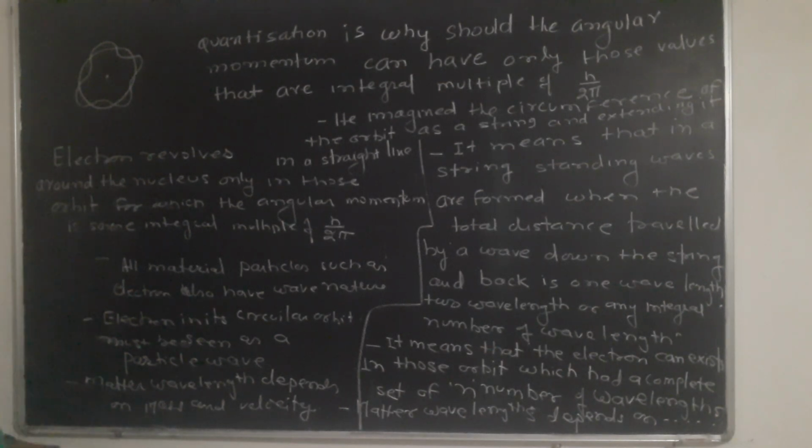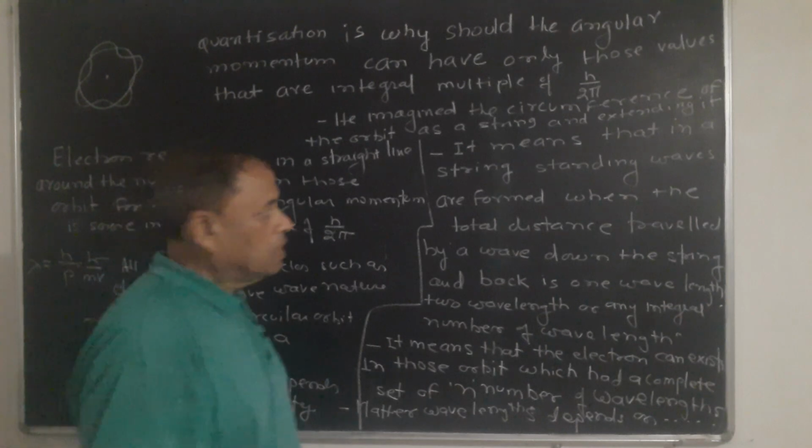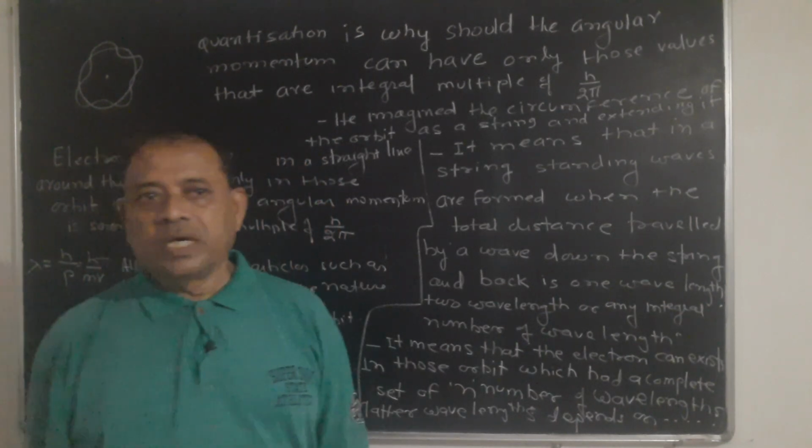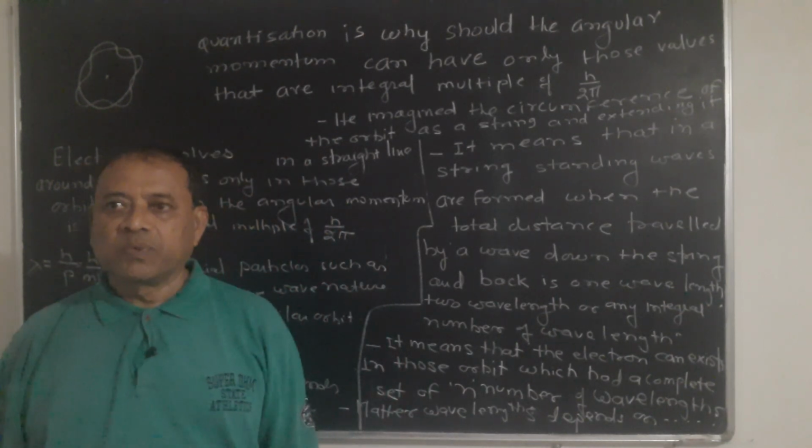The matter wavelength depends on mass and velocity, which means lambda is equal to h upon p, where p is mass into velocity. So lambda depends on the mass and the velocity. Here he assumed a matter wave.